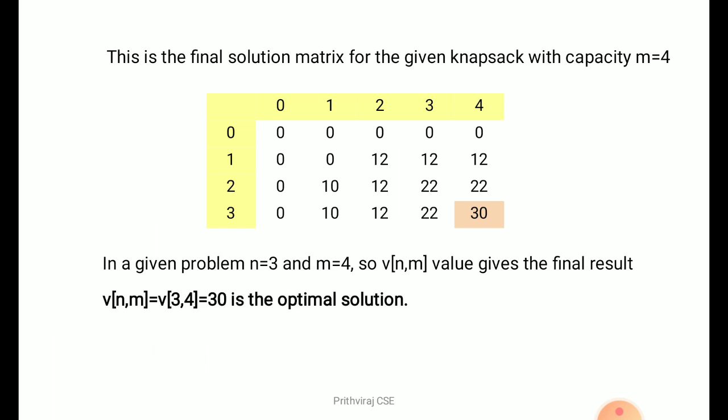According to our solution matrix, at the last corner, v of n comma m equals v of 3 comma 4, which is equal to 30, which is the optimal solution for our given knapsack problem.